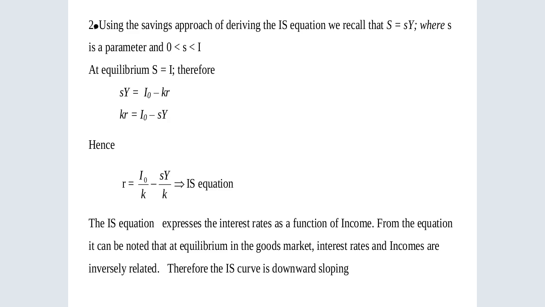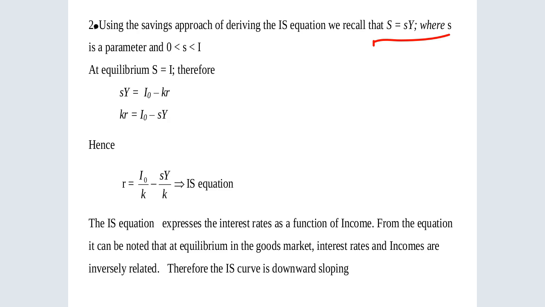Now, using the savings approach of deriving the IS equation, remember that savings is also a function of income. And we said S is a parameter that is between 0 and 1. That is the marginal propensity to save.